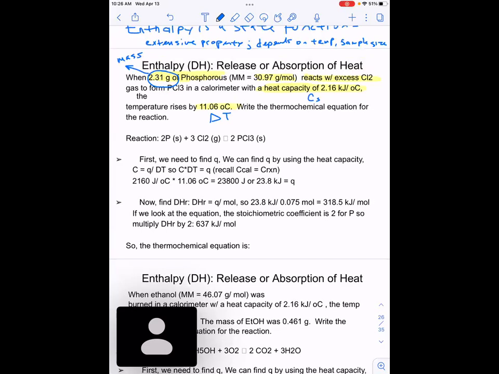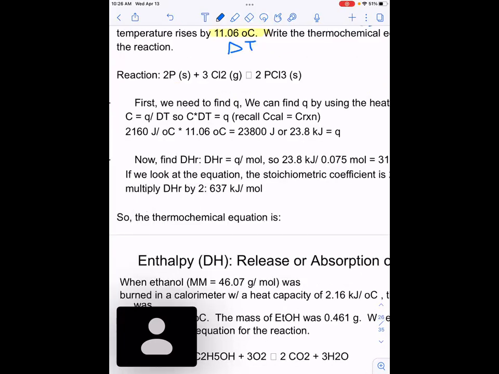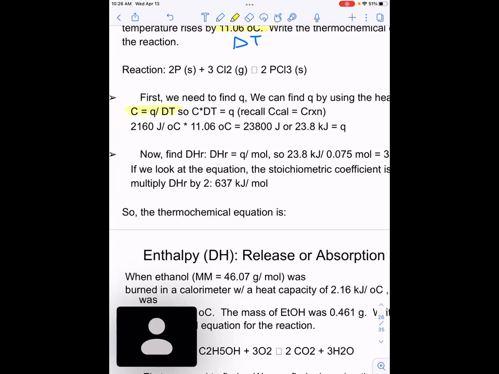Because if we're finding delta H of a reaction, that means that is the heat given off per mole of a reactant, all right? And when we were first writing the thermochemical equations, it's the same thing. All right, so we need to find Q.